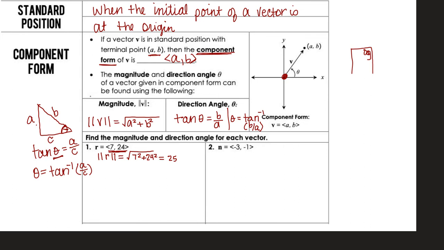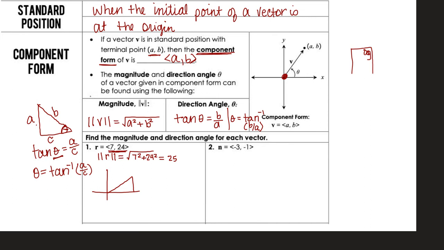So I'm going to draw a triangle, and we stay in relation to the first quadrant. We stay in relation to the x-axis always. So we're going to draw, just like we did in Algebra 2, a triangle in that first quadrant, and we stay in relation to the x-axis.